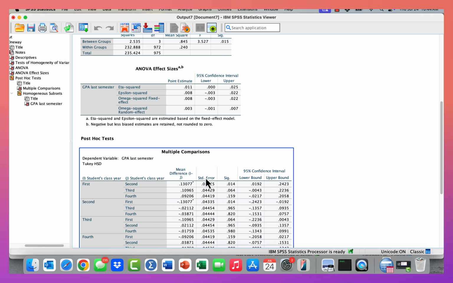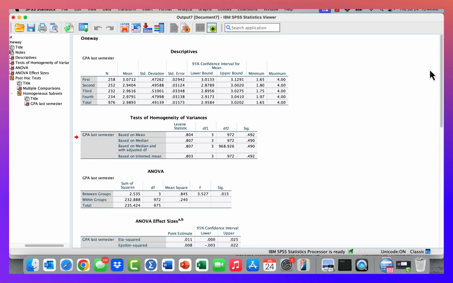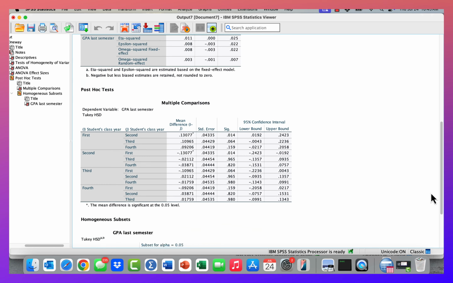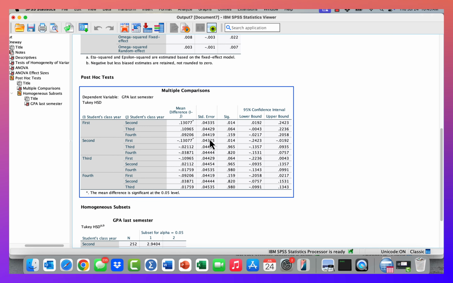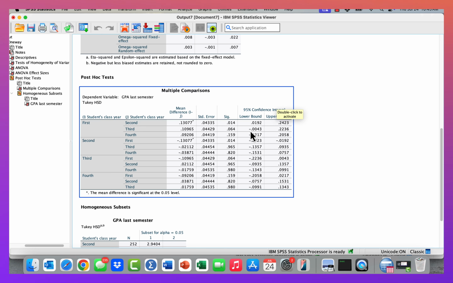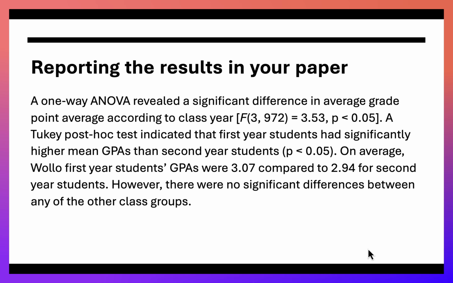And you might recall, even just looking at the descriptive data table, by looking at the 95% confidence interval for the mean, I had a pretty good idea that the only statistically significant contrast would be between first year and second year students. But in terms of reporting your results, you'll want to use what we see here in the Tukey post hoc multiple comparisons, after the omnibus test gives us the green light to go ahead with that.